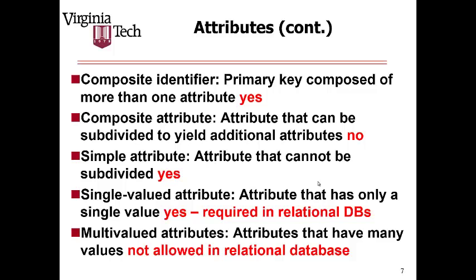I mean, we can build in stuff if we want, but it just causes us work in the conversion process. And so every value needs to be atomic, and multi-valued attributes are not allowed, right? We don't have those in relational database. I don't expect to see those in these models.